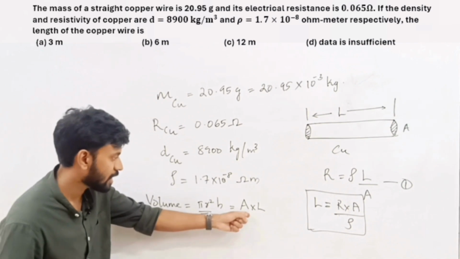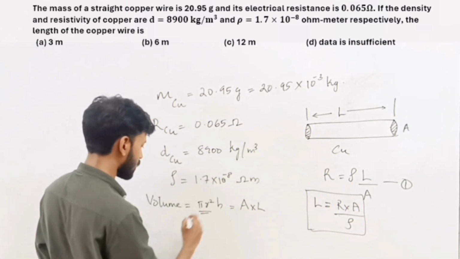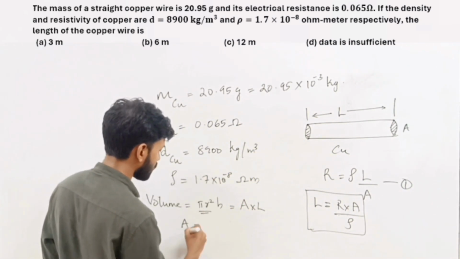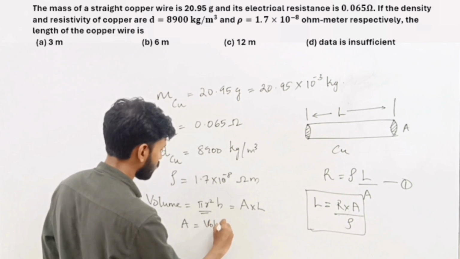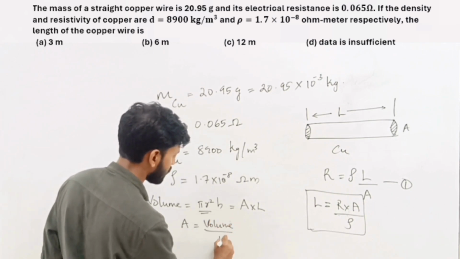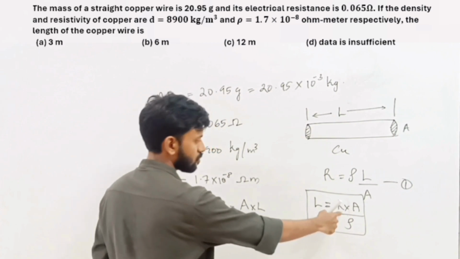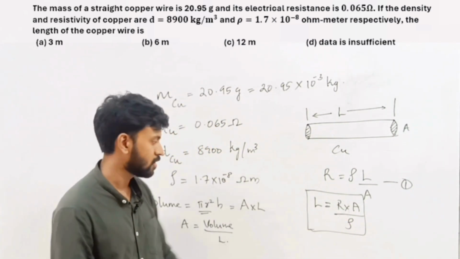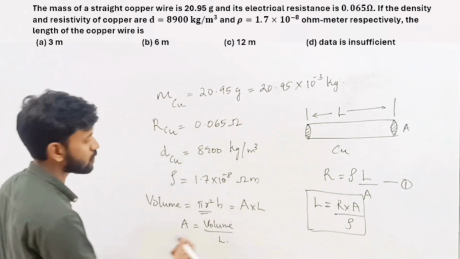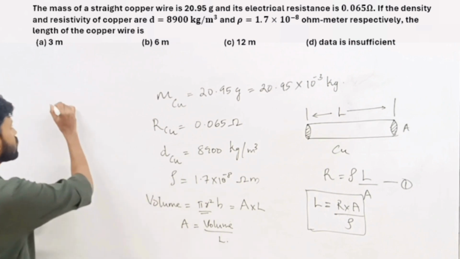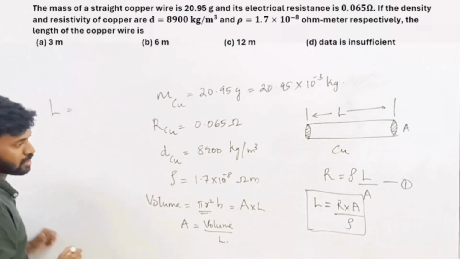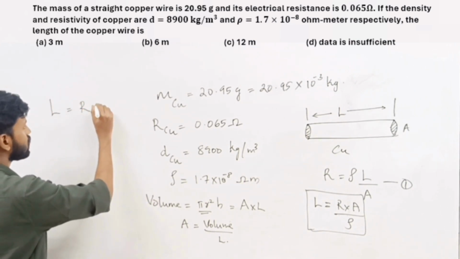Okay, so from this, A, which means the cross sectional area, can be written as volume by length. This can be substituted into this particular equation in terms of A. So I will write it down. There will be a little bit of change in the equation. Length is nothing but resistance into area.